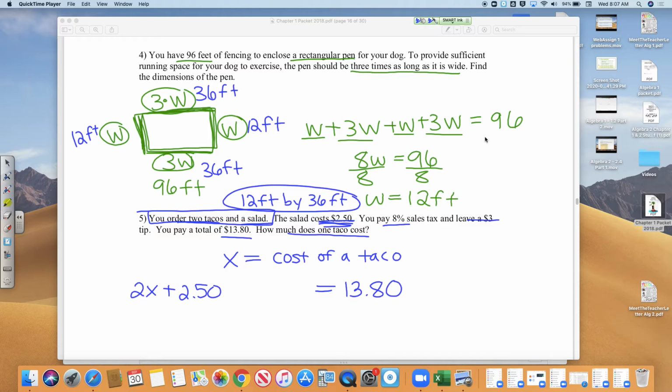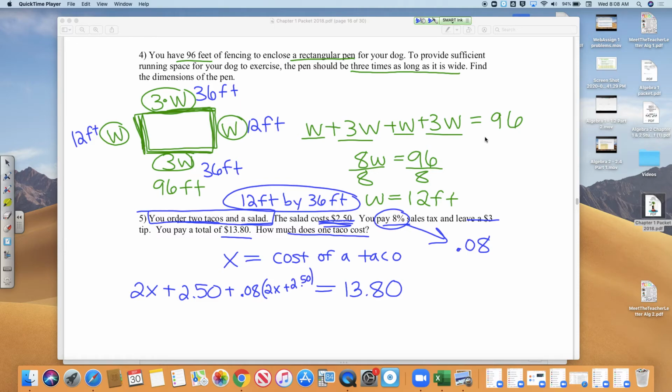Moving on to the next part, it says you pay 8% sales tax, and the 8% sales tax is going to be based on the amount of money you're paying for your food. So 8% in decimal form is 0.08. So you would multiply 0.08 by the cost of your tacos and your salad.